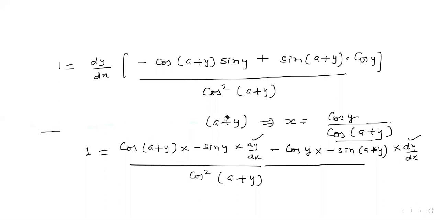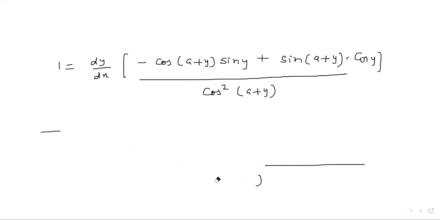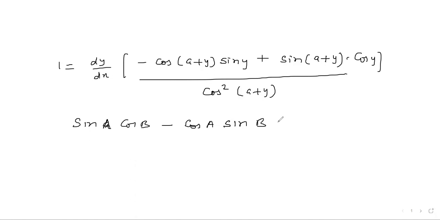Now, if you remember, sin a cos b minus cos a sin b gives sin(a − b). If you observe, this is sin a cos b minus cos a sin b. So here a is a + y and b is y.